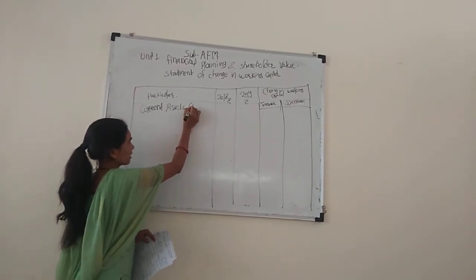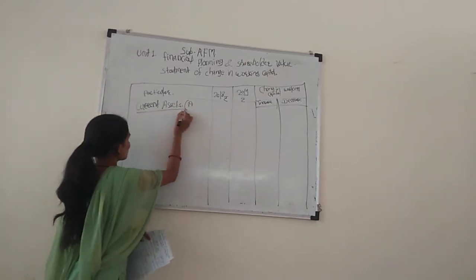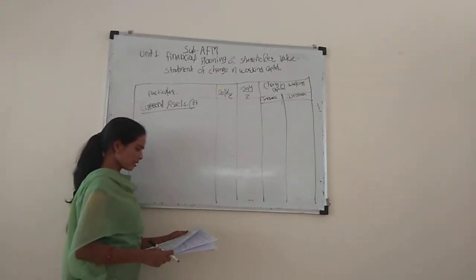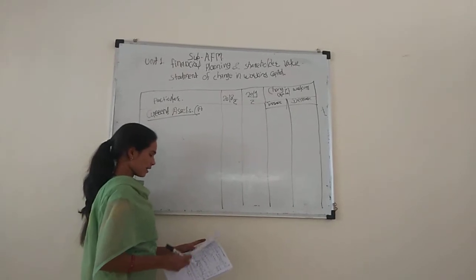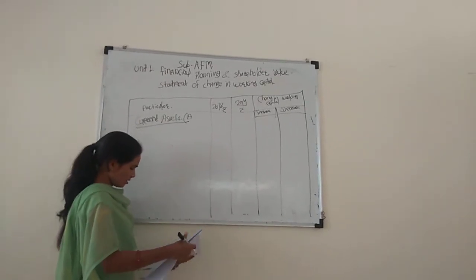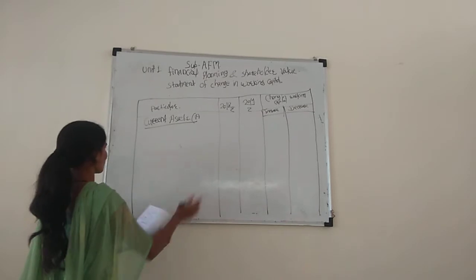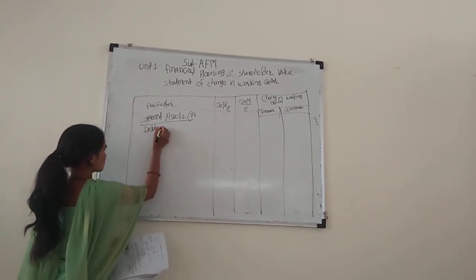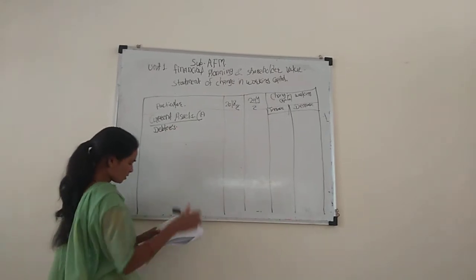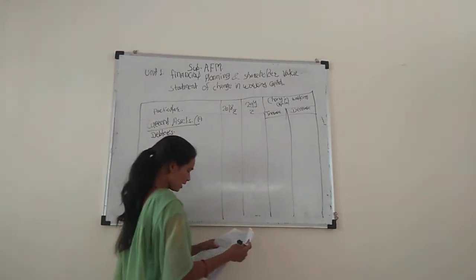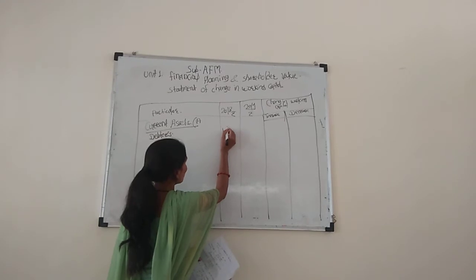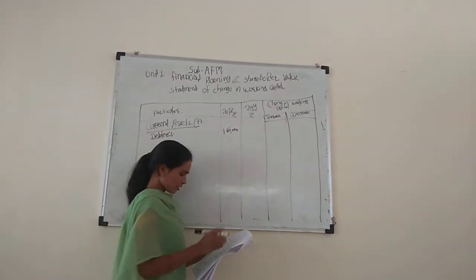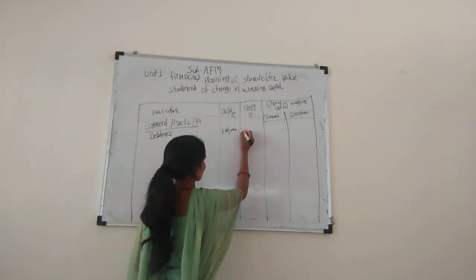Current asset is called A. Show the balance sheet, last year's balance sheet current asset. Debtors: in 2018 debtors 1,60,000 and in 2019 debtors 2 lakh.